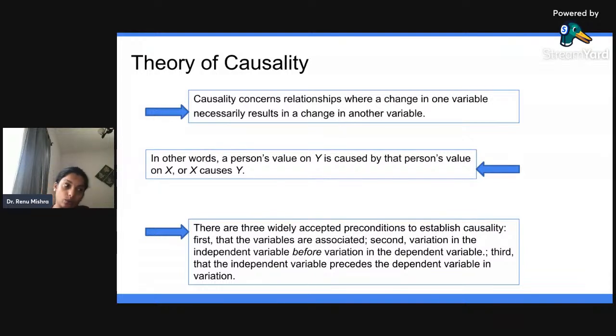Now, this is understood. Now, what is being changed here? Let's see. This is X causes Y. This is getting changed. This is called the dependent variable.